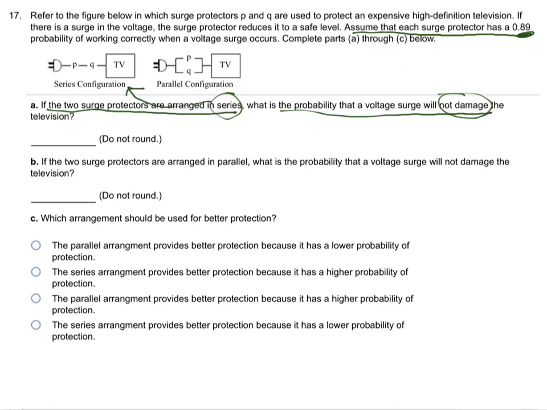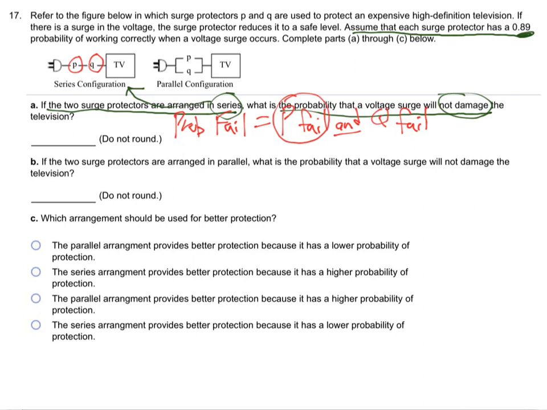Well, let's figure out this question. What's the probability that they will fail? Well, for them to fail, P would have to fail and Q. P fail and Q fail, right?